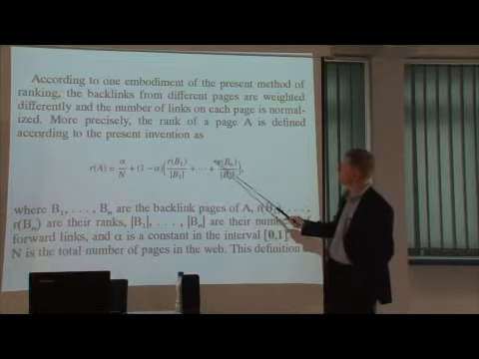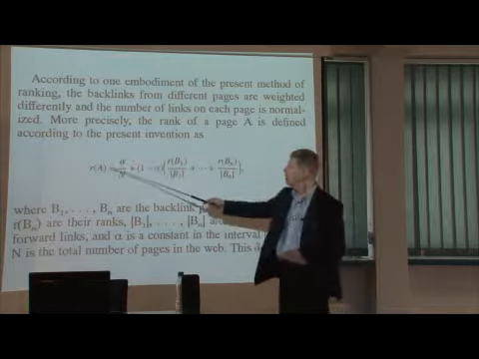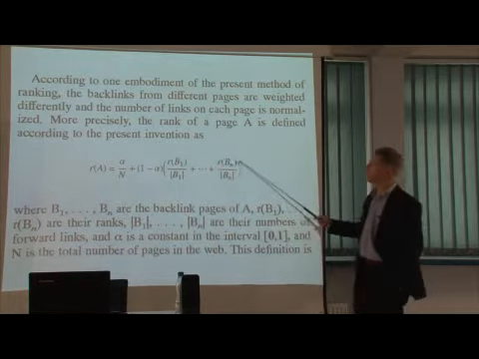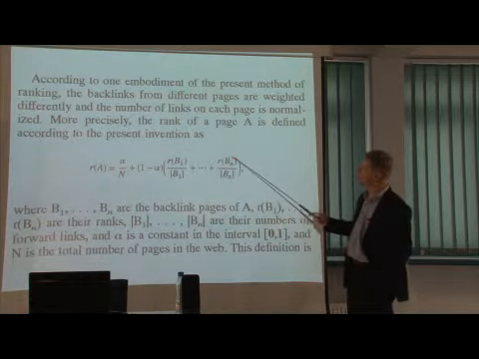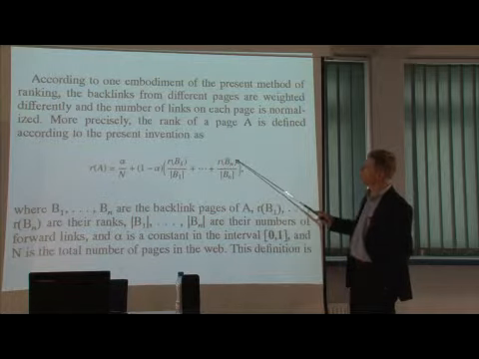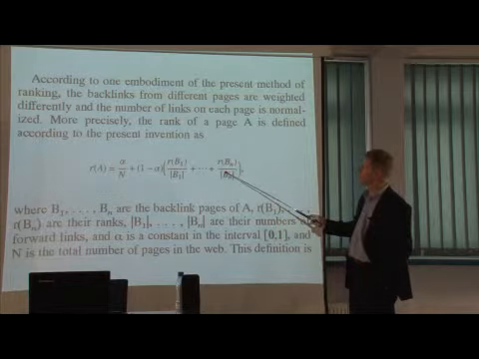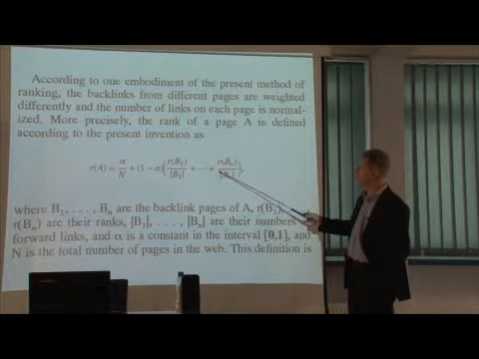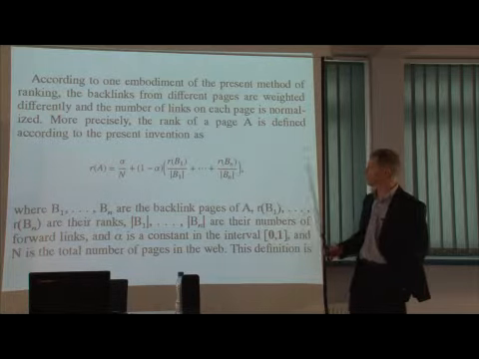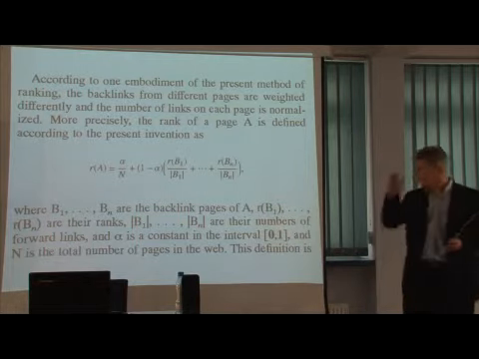Actually, in this case, this rank can't be that high because this factor will put the rank between 0 and 1. So to change the example, if this rank would be 0.8 and the number of outgoing links would be, say, 10, then the actual contribution would be 0.08. All right, so this is the page ranking formula.